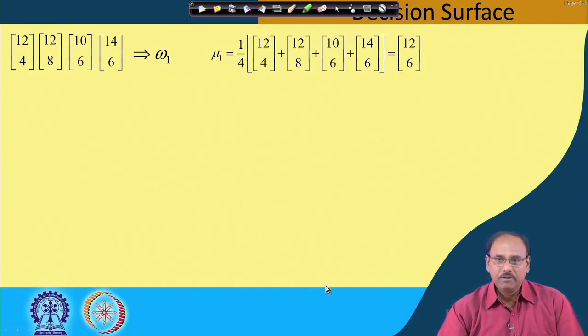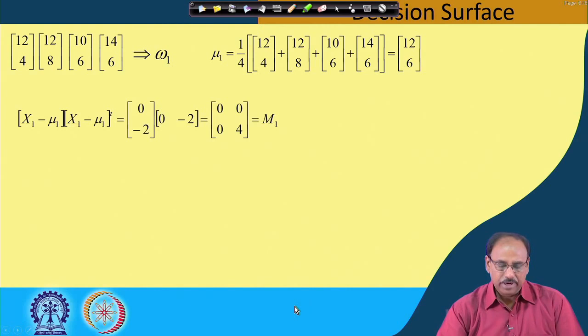Once I have this mean vector, I have to compute the covariance matrix. As we said, the covariance matrix is nothing but the expectation value of (x minus mu) into (x minus mu) transpose. So, if I consider the first vector, I call it x 1, that is the vector (12, 4). I subtract the mean (12, 6) from this. So, (12, 4) minus (12, 6) simply becomes (0, minus 2).